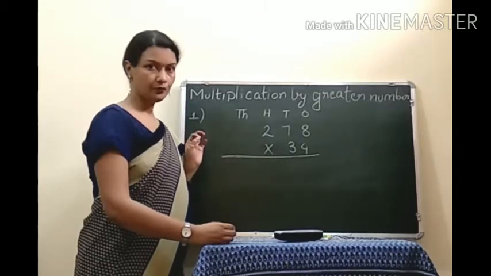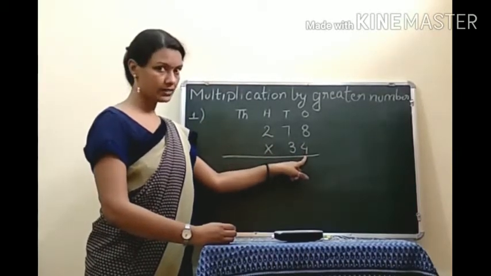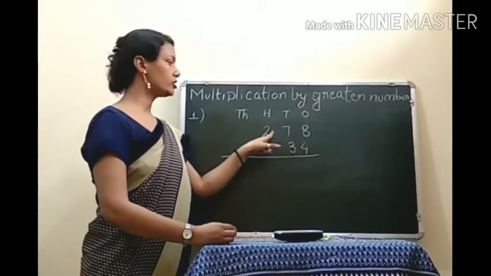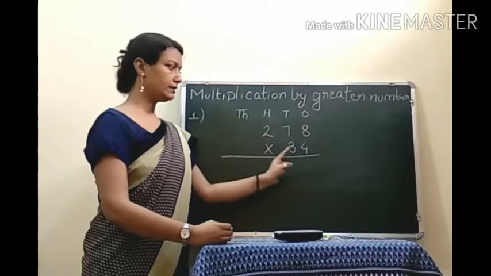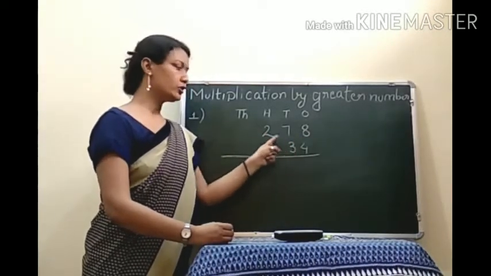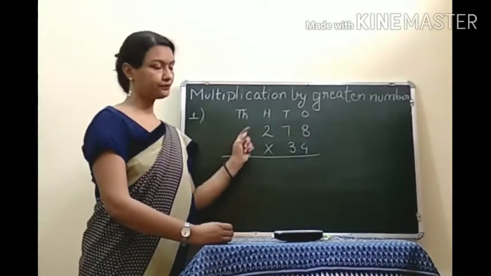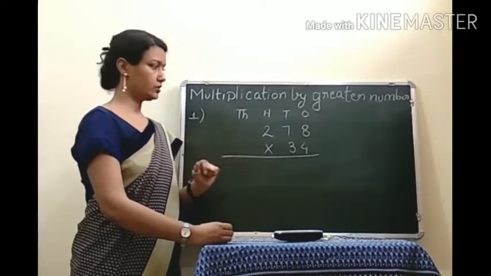What we will do is multiply this 4, which is at the ones place, with all the digits of the multiplicand. Then we will multiply this 3, which is at the tens place, with all the digits of the multiplicand. And then we add them. Understood? Let us do it.